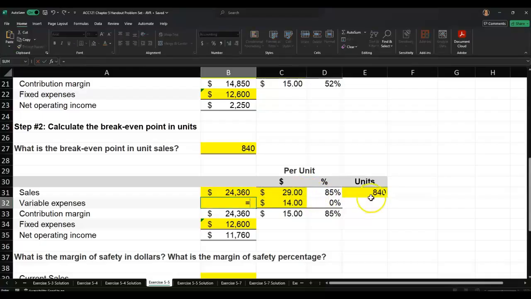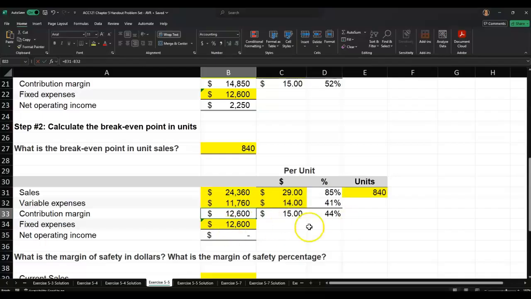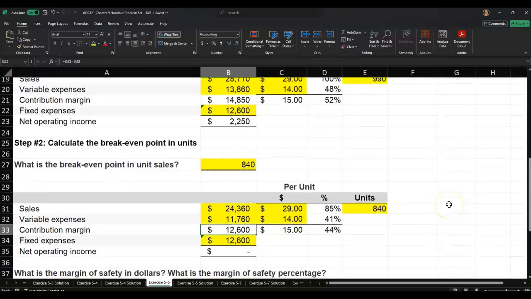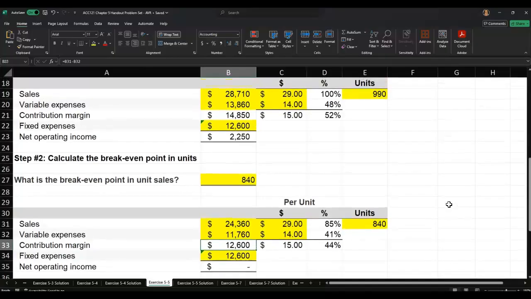The variable expenses are the 840 times the 14 per unit. Our fixed costs are 12.6, and there's our net operating income of 0. So that's where you can stop right there and take a look at the two different scenarios where we've got 990 units and then the 840 units with a 0 net operating income.